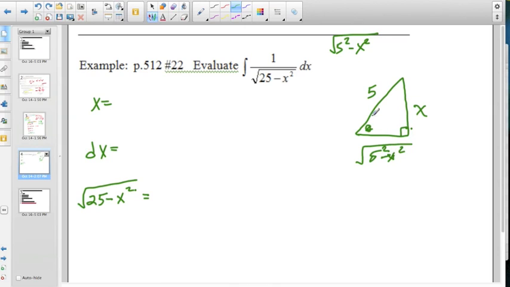Then we can go ahead and set up our x here, so we'll set up our sine expression. Sine theta equals opposite over hypotenuse. So solving that for x, we get 5 sine theta.